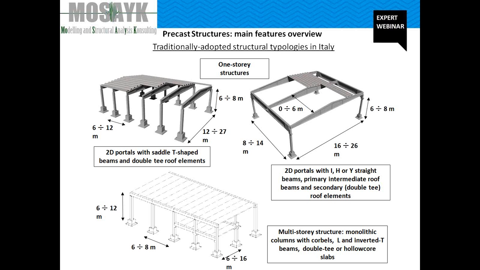Second typology is multi-story building. Multi-story structures are characterized by monolithic columns fixed at the base and single span beams with pinned ends, not always provided along the two directions of the horizontal plane.